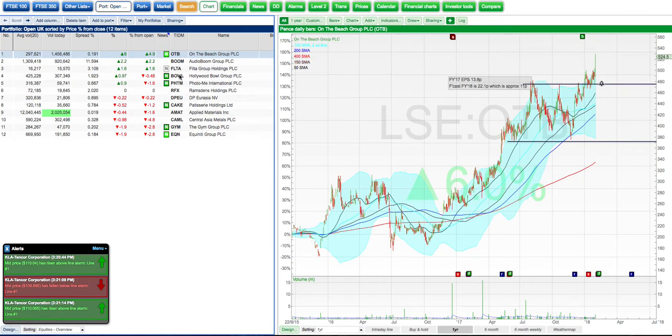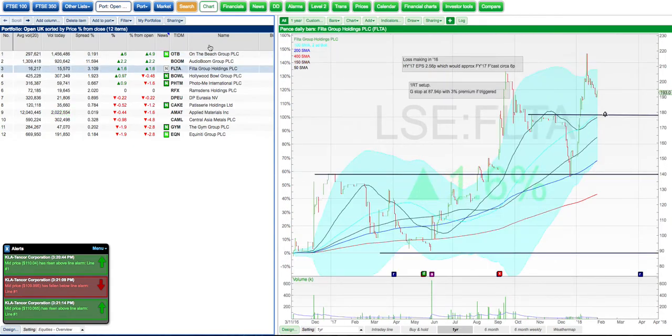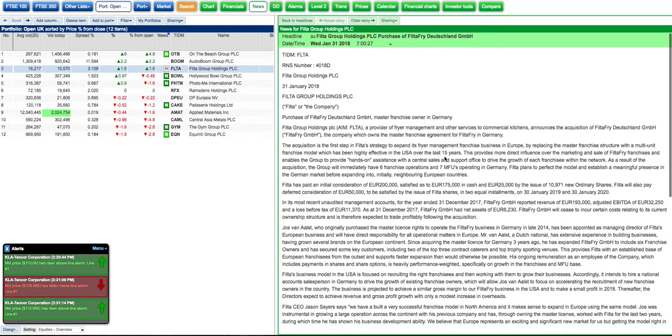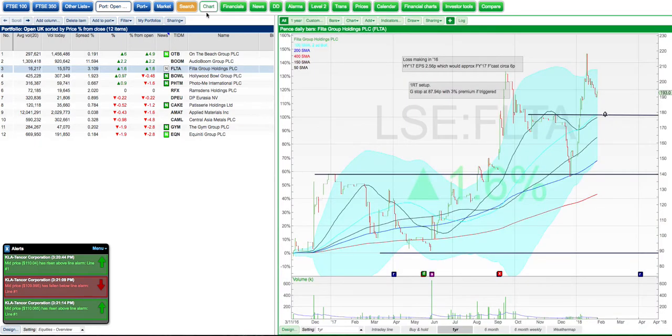So let's quickly go through. The first thing to note is that FLTA issued an RNS today. They've bought out one of the franchises that they were partnered with in Germany, which is, I think, probably a good move. The market seems to agree.